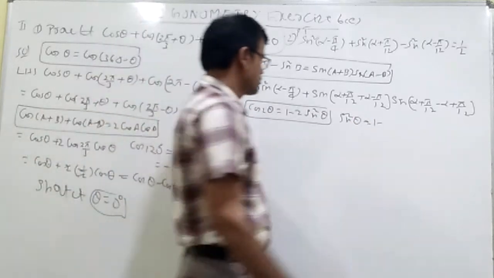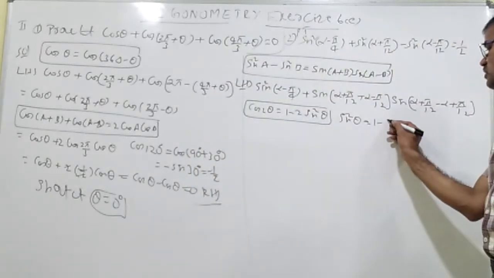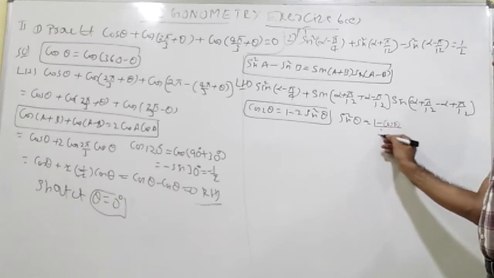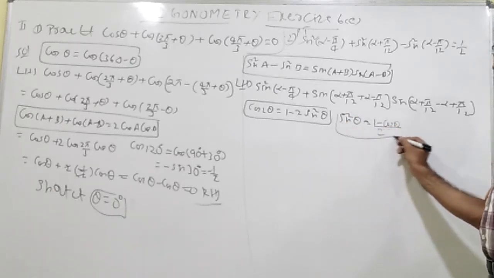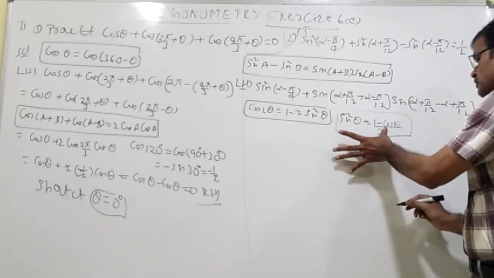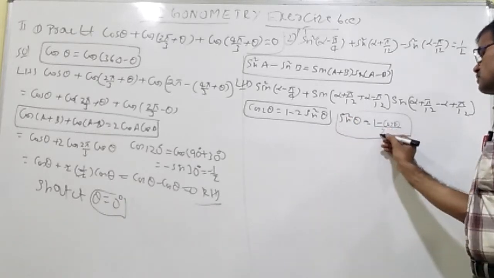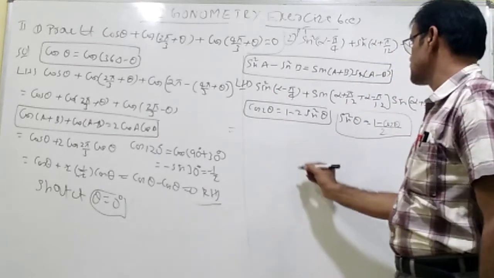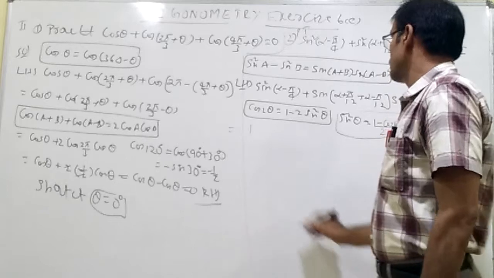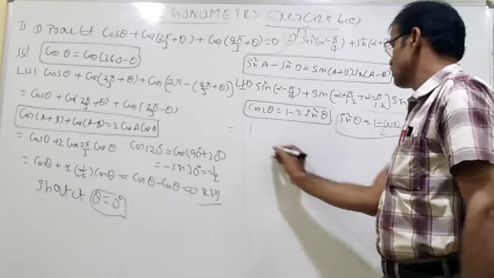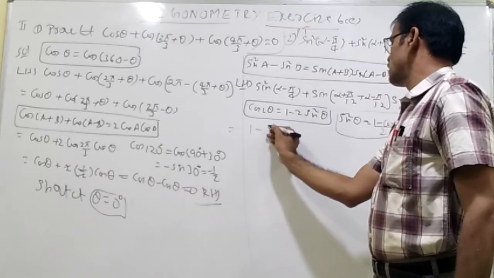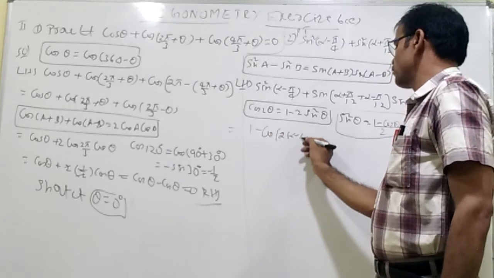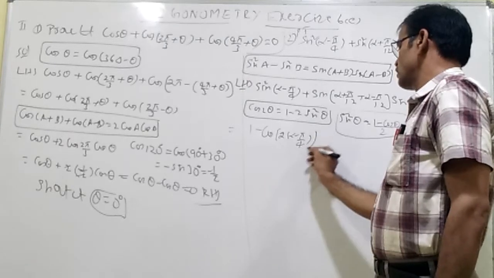Plenty of formulas we have discussed regarding multiples and submultiples. So this sin square of alpha minus pi by 4 we can write as 1 minus cos 2 into alpha minus pi by 4, whole by 2.